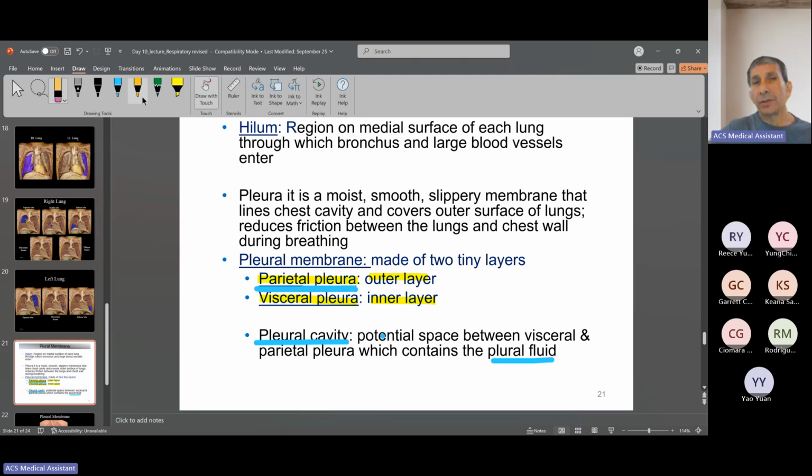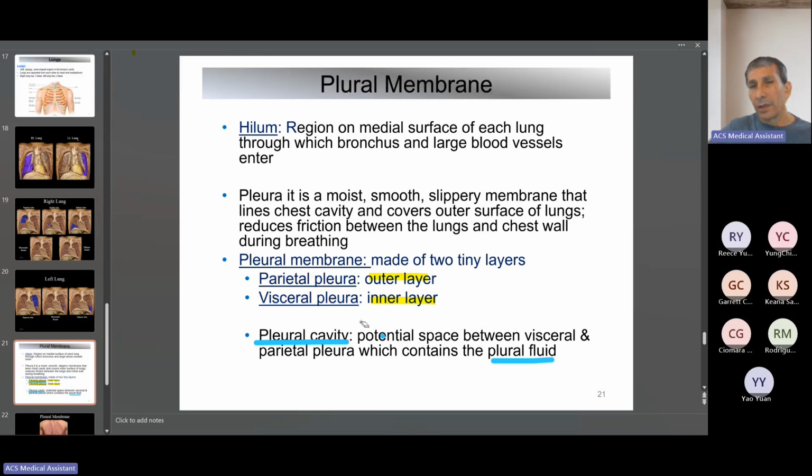Now, you are not going to be asked about the pleural cavity and the liquid inside or anything like that, but you have an idea how this actually works. So we're going to see how the lungs look in a complete diagram.